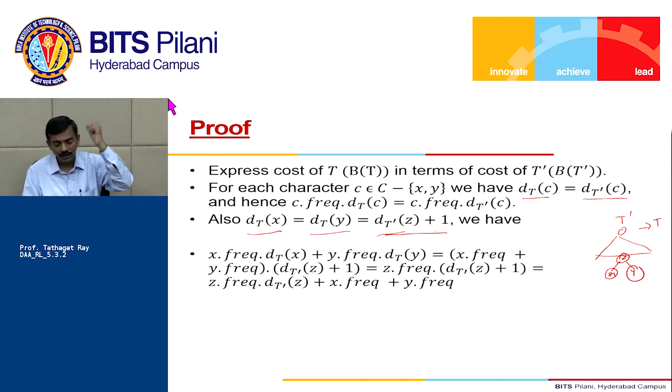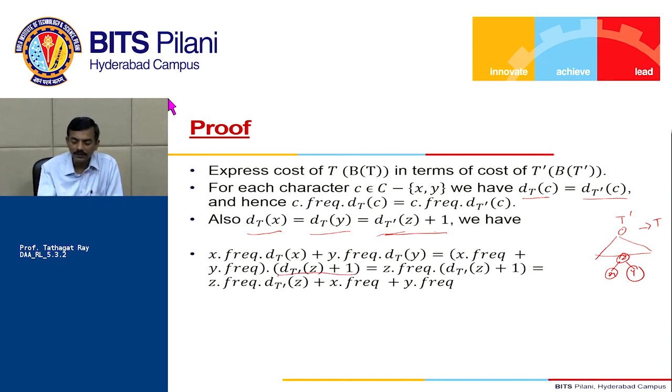Whatever was the cost of the other characters, plus x.freq times depth of x in T plus y.freq times depth of y in T, which is nothing but x.freq plus y.freq times the depth of x plus depth of y, both are d_T'(z) plus 1. That is, the depth of z in T' plus 1.